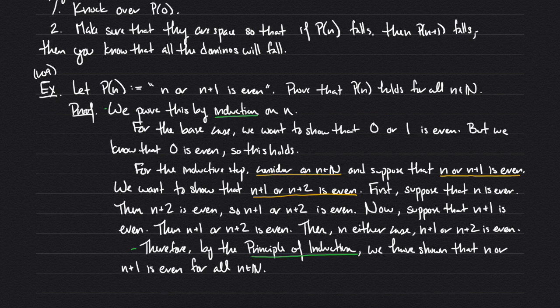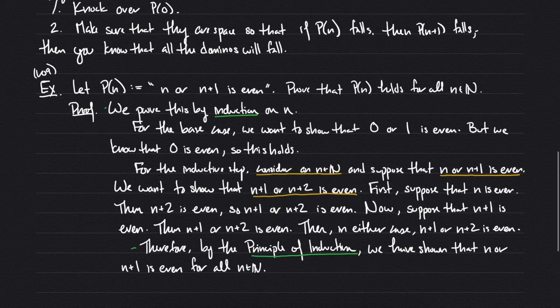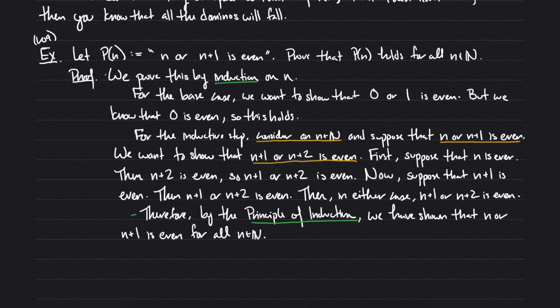Okay, so that people know that we're using induction, which is a very specific proof style. Okay, so if you have any questions about this proof, I would really recommend you guys post a question about it on the discussion board.